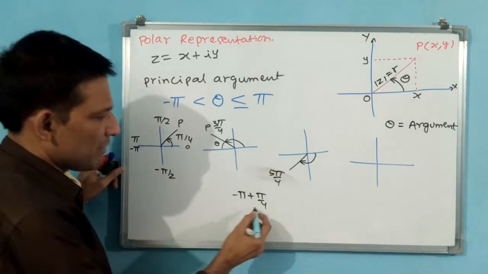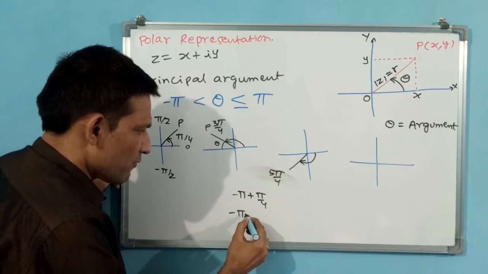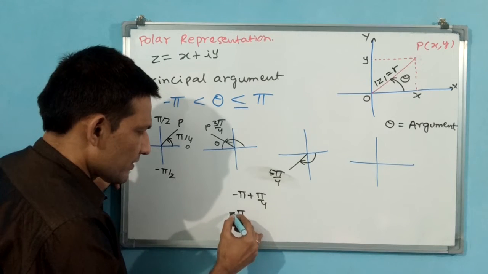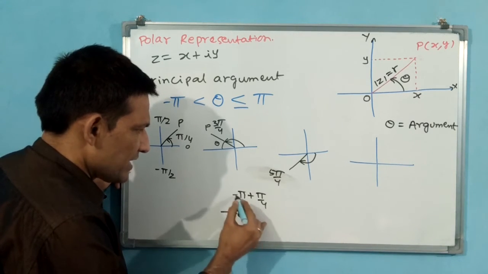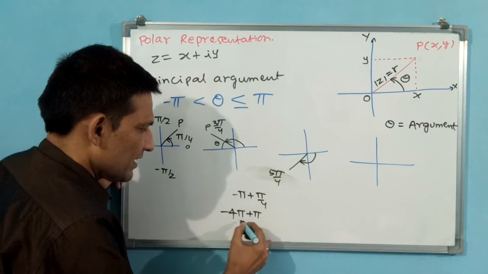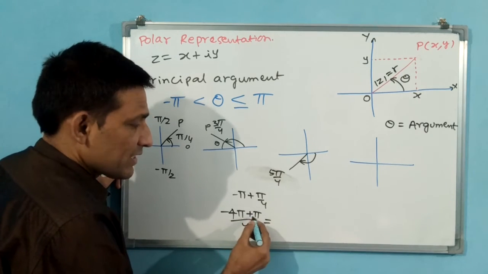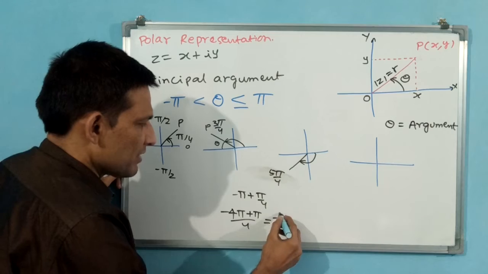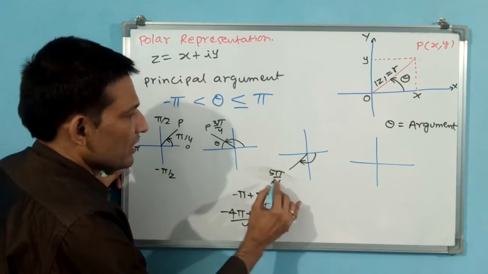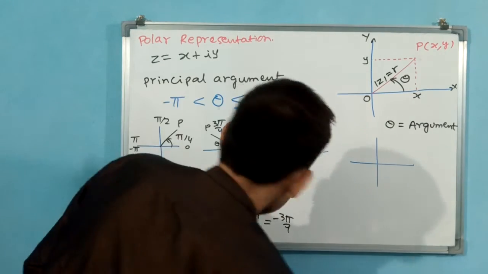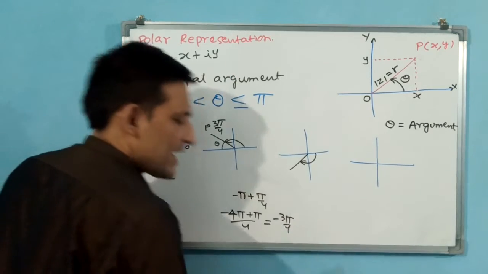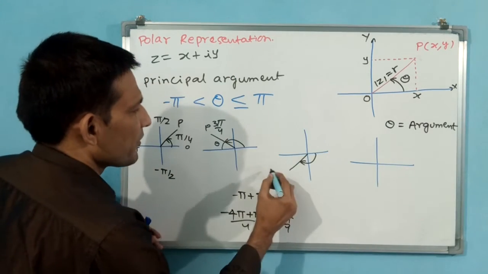That is why you have to make plus pi by 4. That means minus 4 pi plus pi by 4. Minus 4 pi plus 5 means how much it will come? Minus 3 pi by 4. That means rather than 5 pi by 4, you have to take this as minus 3 pi by 4.